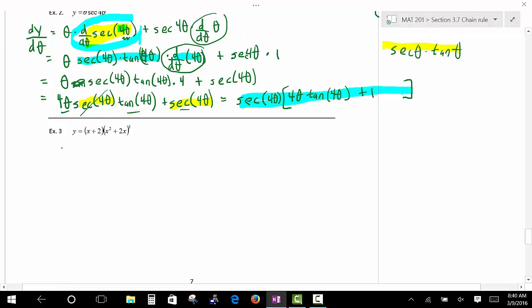Okay, so this one, how would I start this derivative? This is a product rule problem, right? This part right here is the first. This part right here is the second. So we're going to do first times derivative of second plus second times derivative of first.